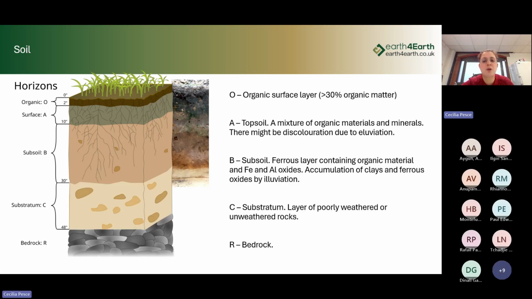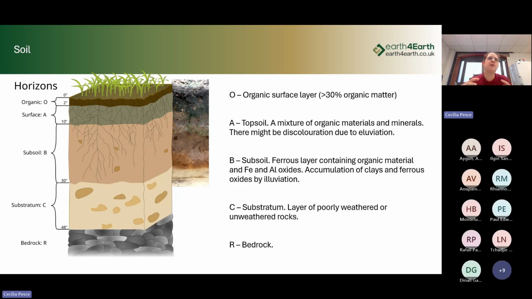There can be some discoloration due to alluviation. So basically the rainwater comes in from the top, and then it drains down to the most inner layers of the soil.